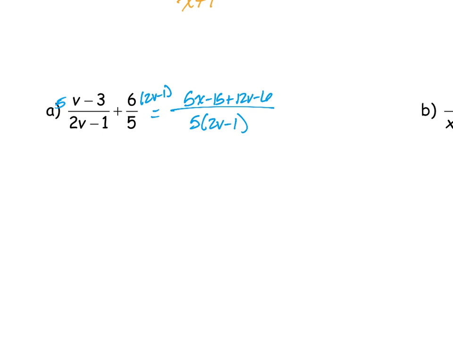I still don't know. So that means I equal 17v minus 21 all over 5 times 2v minus 1. Oh, okay. I really couldn't figure out how you got -1. Okay, good. There you go.